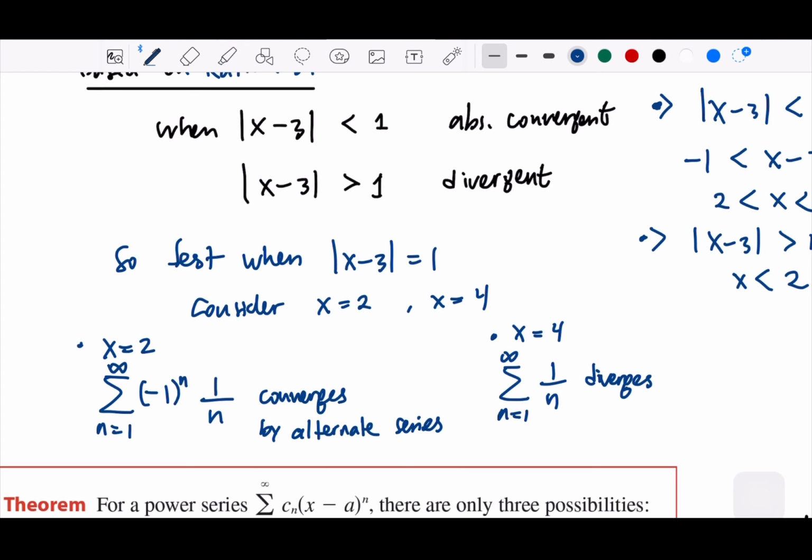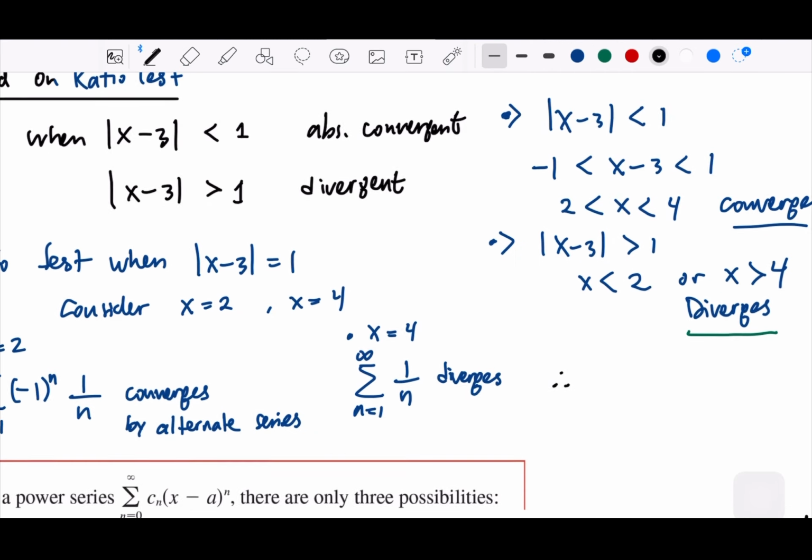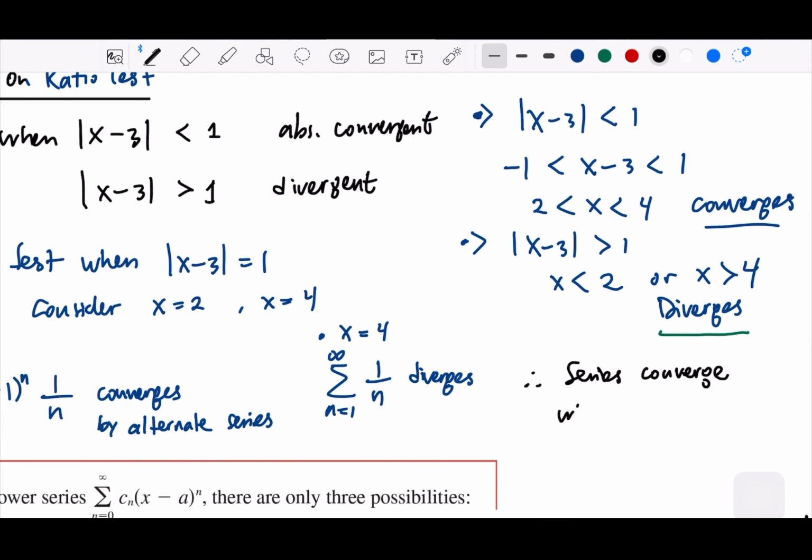So the conclusion: the series converges when x is, we are going to include 2, so it's going to have an equal sign, but exclude 4. Okay, so this is the final answer.